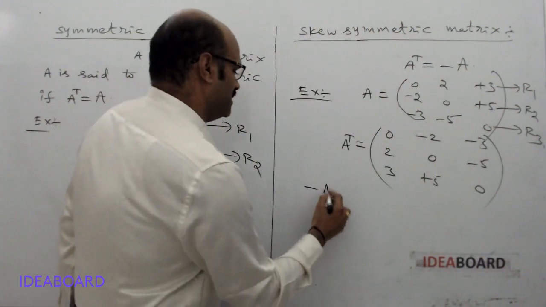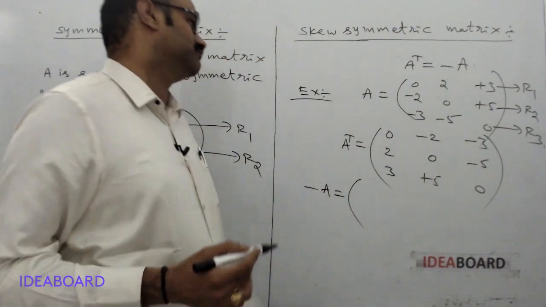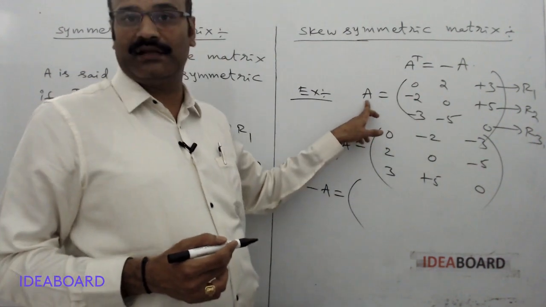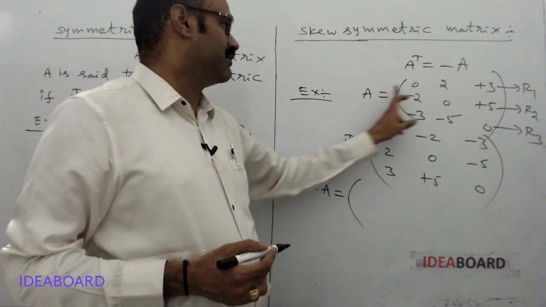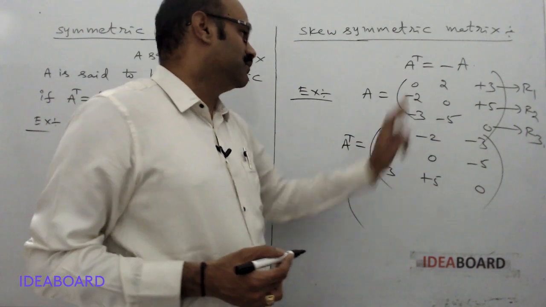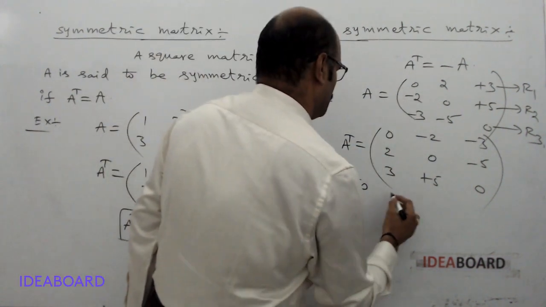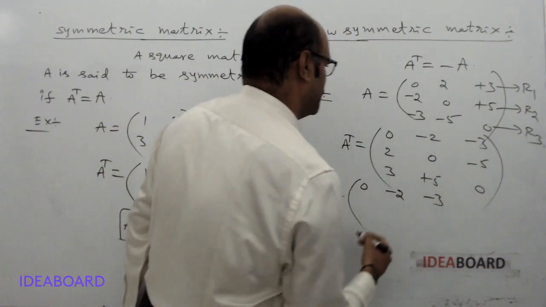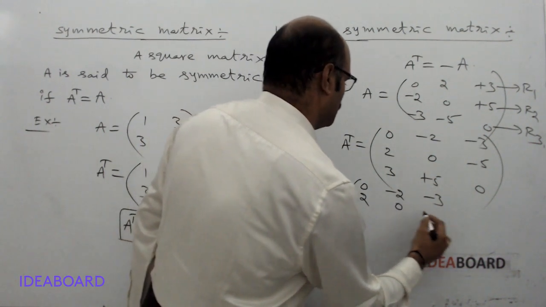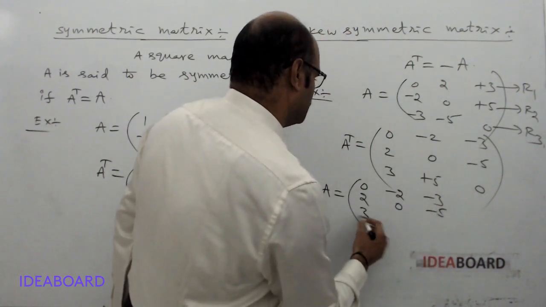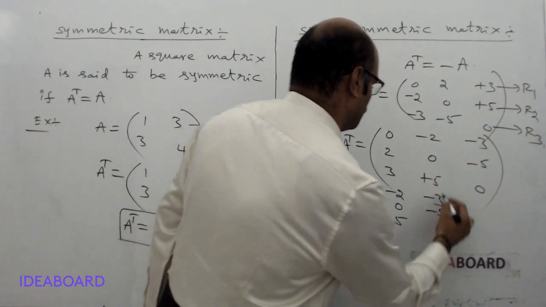Now minus A equal to, multiply the matrix A by minus 1. We get 0, minus 2, minus 3, 2, 0, minus 5, 3, 5, 0.